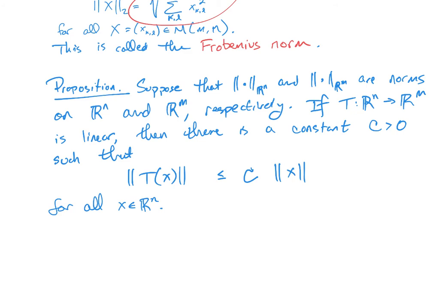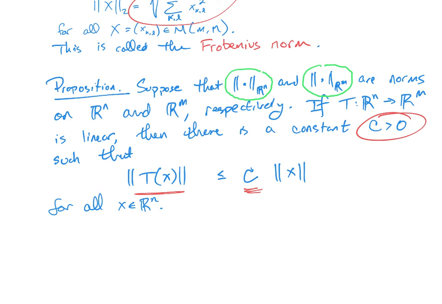So I'm not a huge fan of this notation of these double bars, sub Rn and sub Rm, but I couldn't come up with a better way to keep them separate. The point is we've got those two norms, one on the domain, one on the codomain. We've got this linear map. We're claiming that there is this constant C, such that C bounds how large we can scale a vector x.